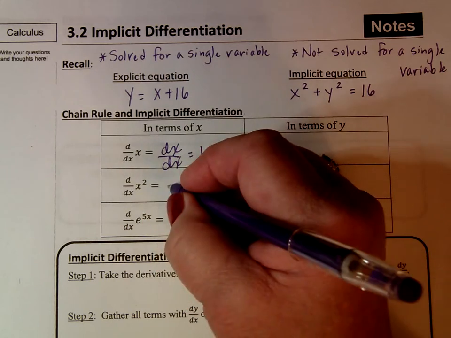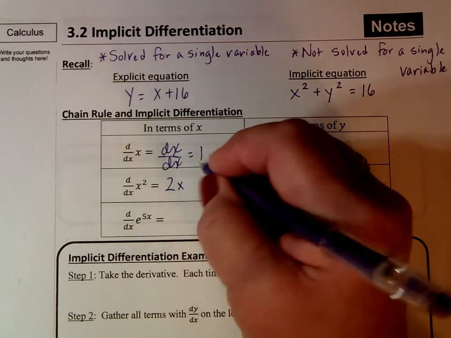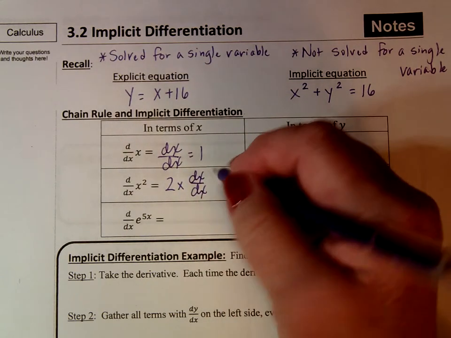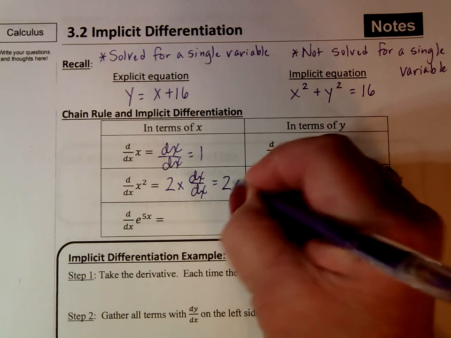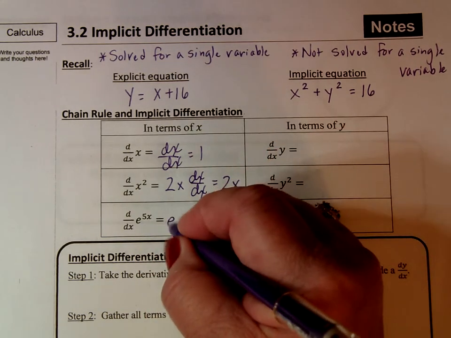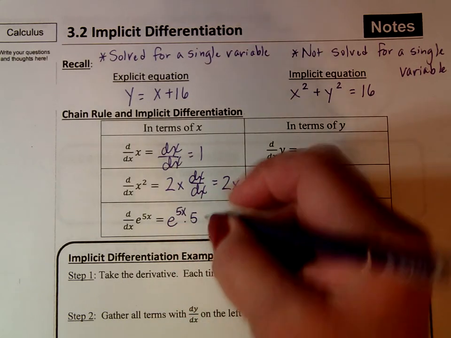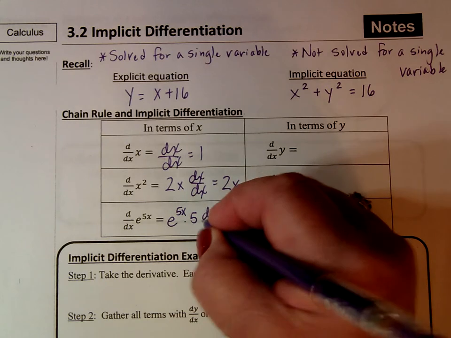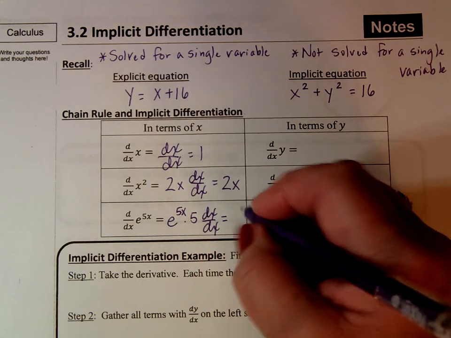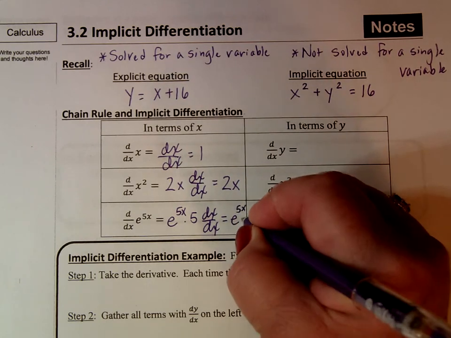This one is going to be 2x, but I took the derivative of x, dx over dx, so I get an answer of 2x. In this case, remember e's, we love e's, e to the 5x times 5, the derivative of the power, but I took the derivative of x, dx over dx, and so I end up with an answer that is e to the 5x times 5.